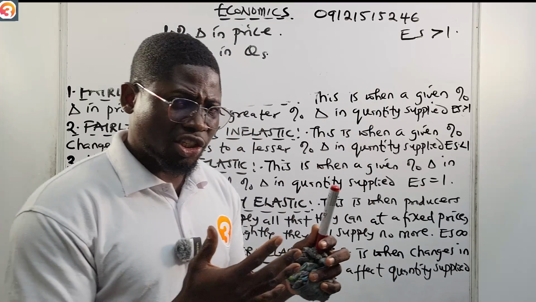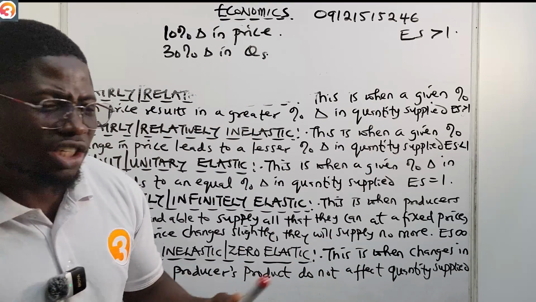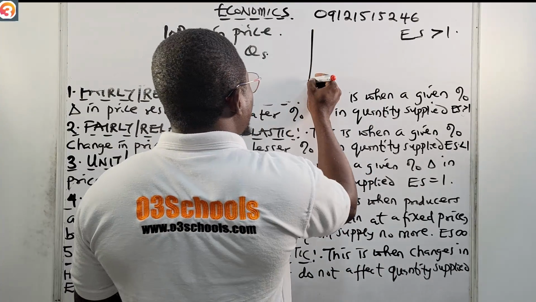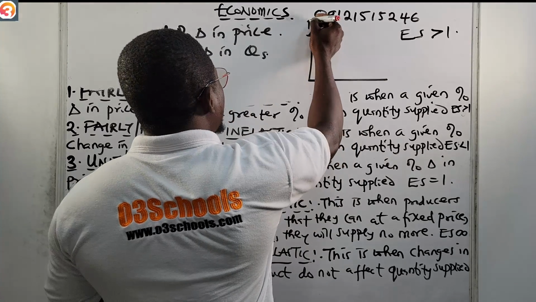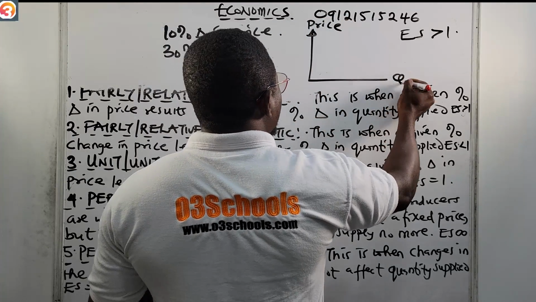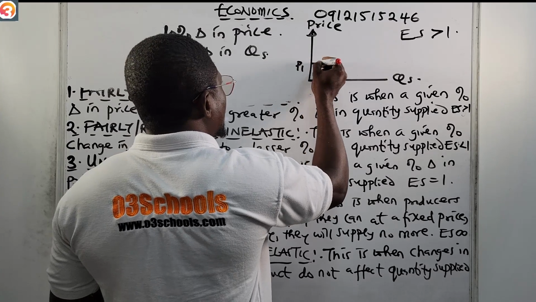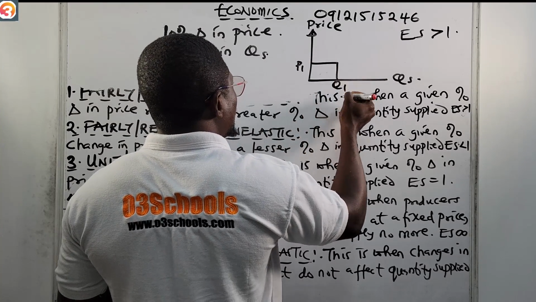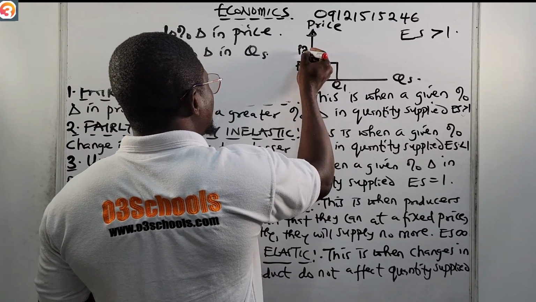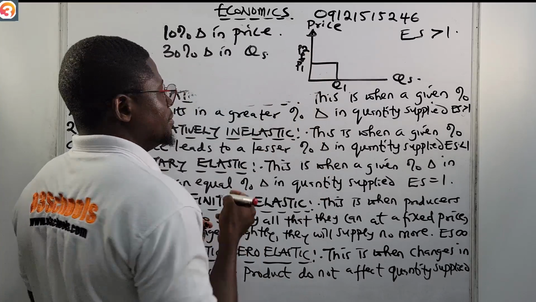A small percentage change in price leads to a greater percentage change in quantity supplied. So if we have our supply curve like this, here is price, here is quantity supplied. When price was P1, quantity supplied was Q1. But when price was P2, this is the change in price.